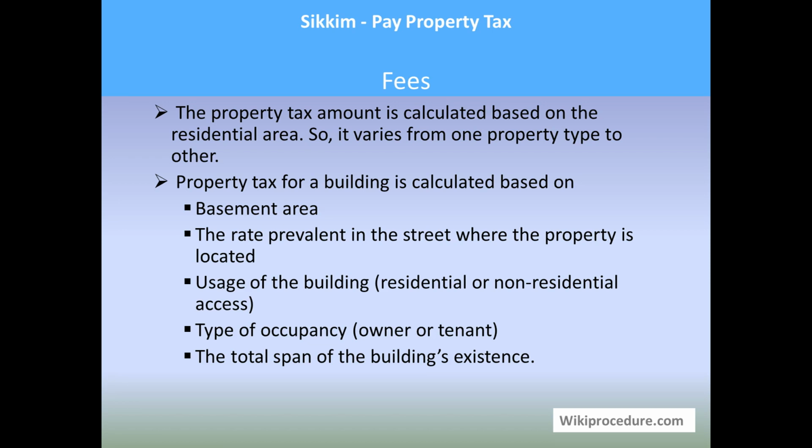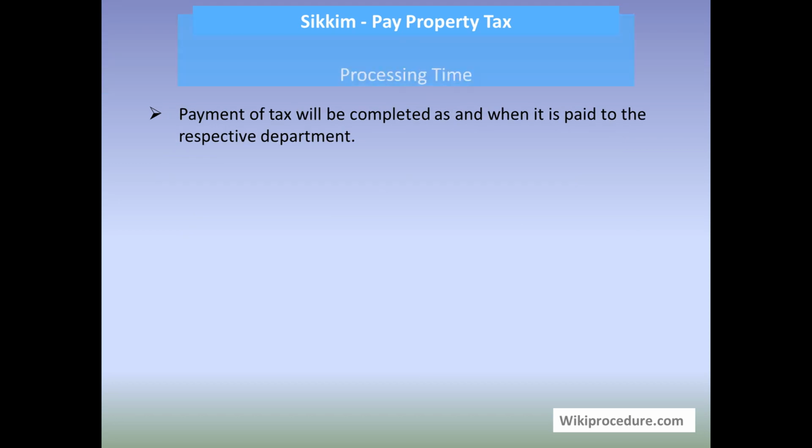Usage of the building, whether it is residential or commercial, type of occupancy, owned or rented, total span of the building's existence, how old is it, are the basic parameters to assess the property tax. In Sikkim, they use that record for the property tax assessment, which is the kind of index for them to identify and assess the property.